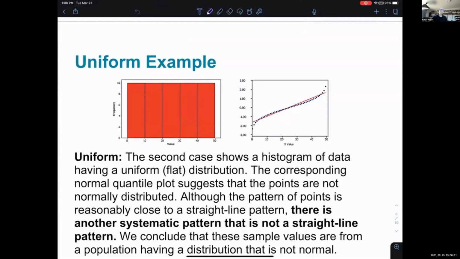So we're trying to look at these examples to help us develop our own sense of judgment so that in problems, they can give us data, we can look at these graphs and draw conclusions correctly. You're trying to develop that skill as we go through these examples.